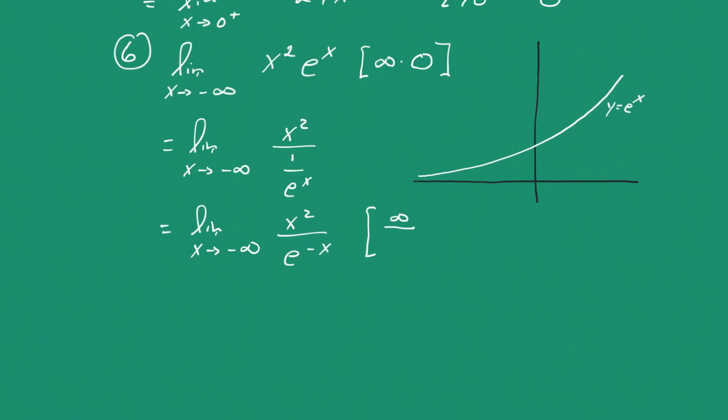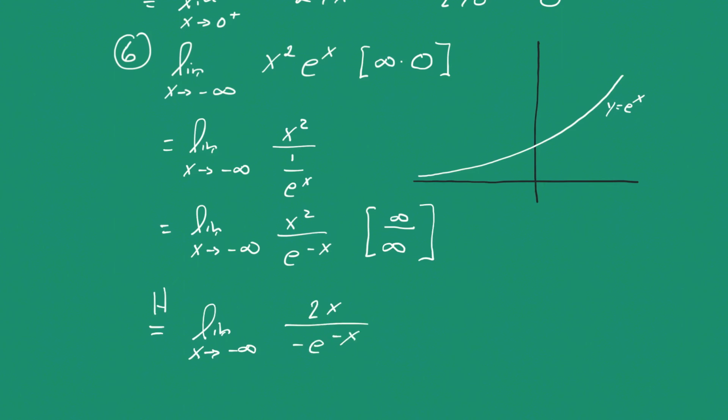Well, it becomes arbitrarily large. This e to the minus x is tending to infinity. All right, so we now have a limit of type infinity over infinity. This is the type of limit to which L'Hopital's rule applies. So I'm just going to put an H here to indicate that we're employing L'Hopital's rule. Get the limit as x tends to minus infinity of 2x over minus e to the minus x.